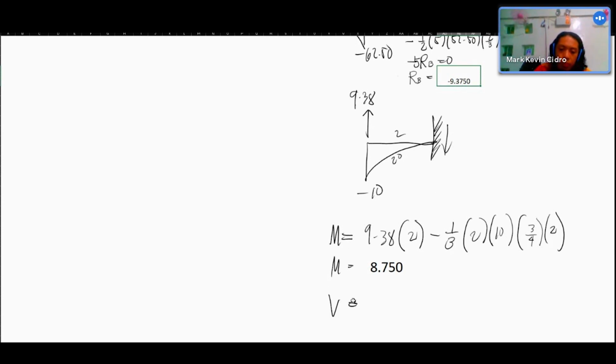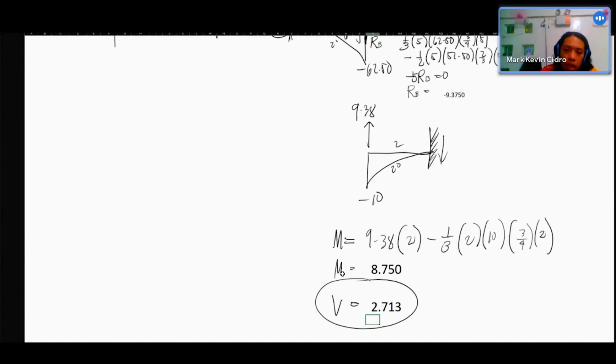The shear is equal to 9.38 minus 1/3 times 2 times 10. Siya na, di ba? 2.713 times 1,000 raised to 3 divided by EI, kasi itong result in radian.